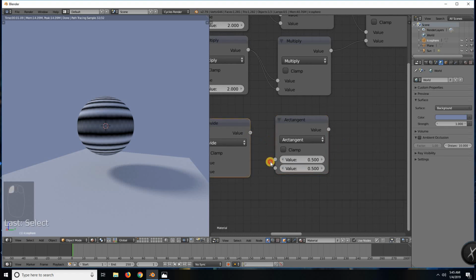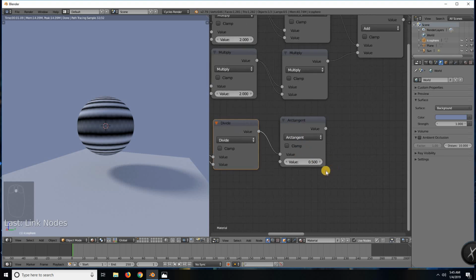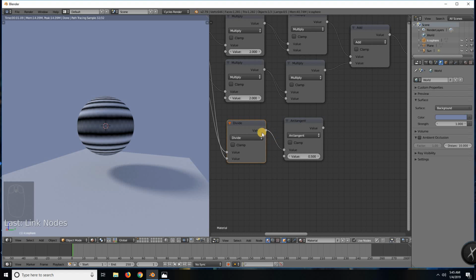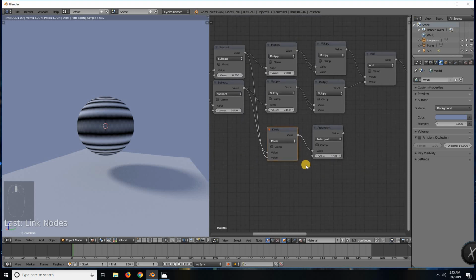So this bottom value isn't really regarded. There may be a situation in which you can use these in Blender, the tangent and cosine and sine and stuff with the bottom number. I have no idea. All I know is that by default, when you plug something into the top of this one, it just seems to ignore the bottom, which is handy. So there we go.